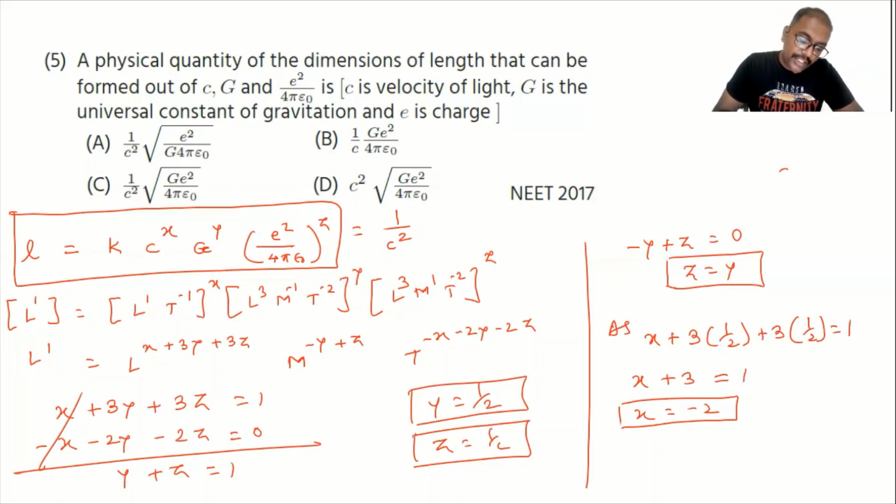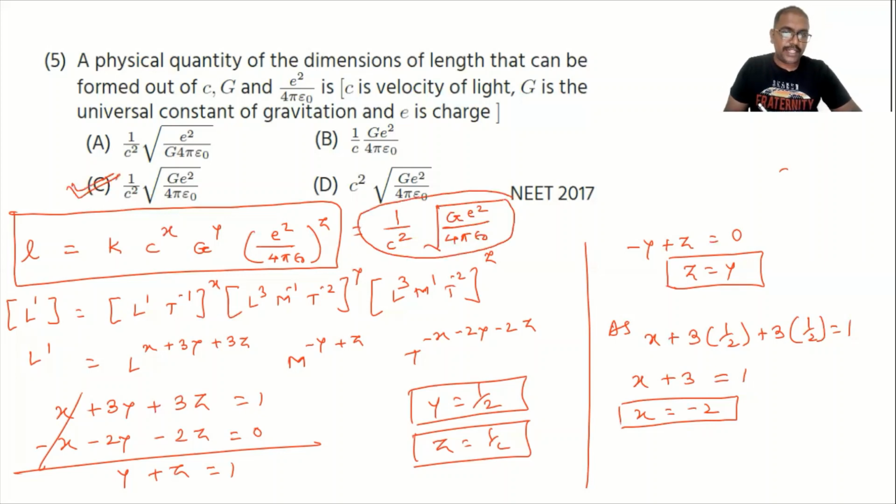So I can write that as square root g, then e square divided by 4 pi epsilon 0. And if you see this, you can find this in option C. In option C, we can find this one. So this is the answer, and this is written in option C. So option C is the correct answer for this MCQ.